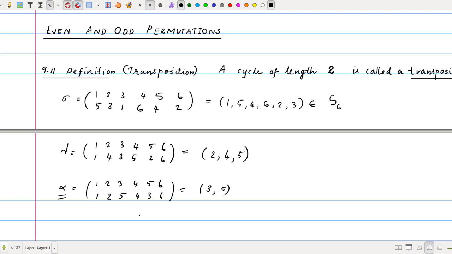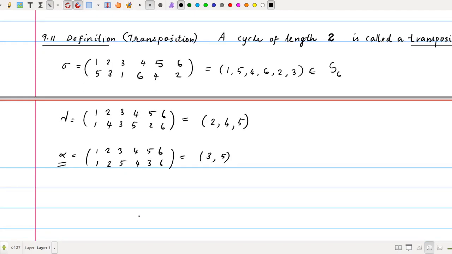We know that there are other permutations in Sn which are not cycles. If we write another permutation, say beta, 1, 2, 3, 4, 5, 6 maps to 3, 2, 1, 4, 6, 5, then this can be written as a product of disjoint cycles. Start with a symbol which undergoes a change. 1 goes to 3, then 3 goes to 1, so this cycle is completed.